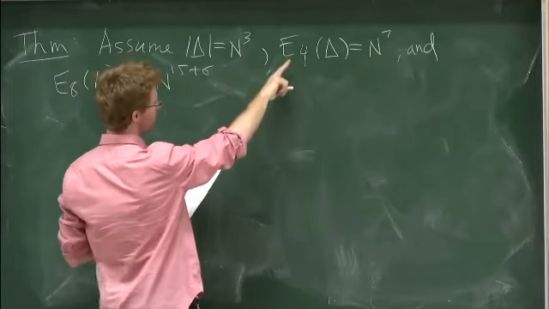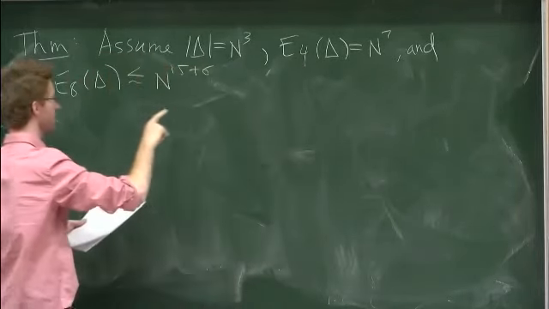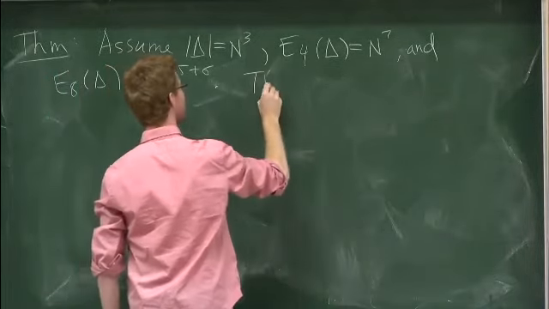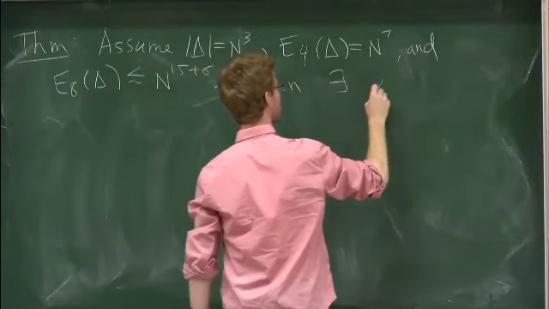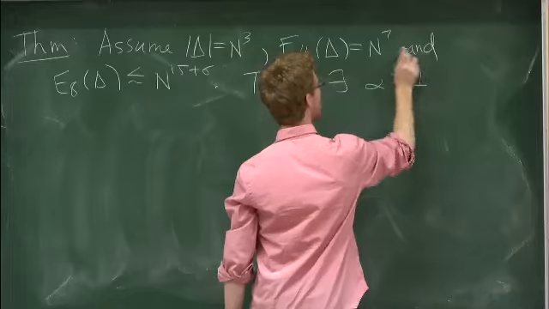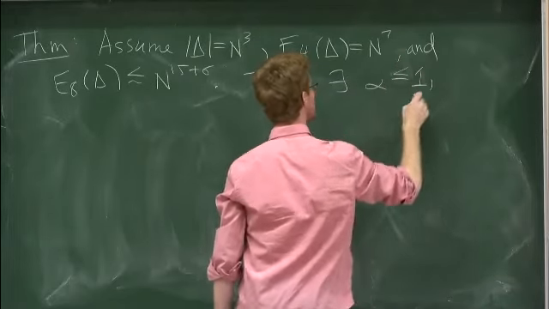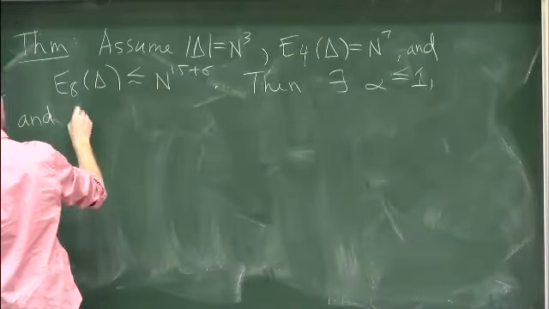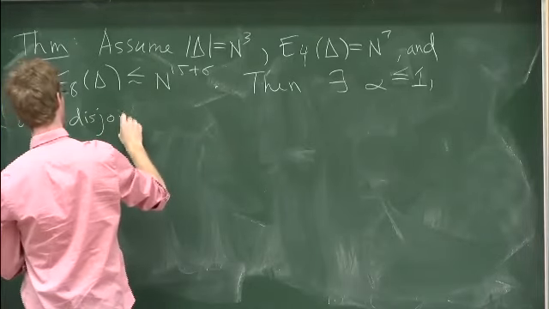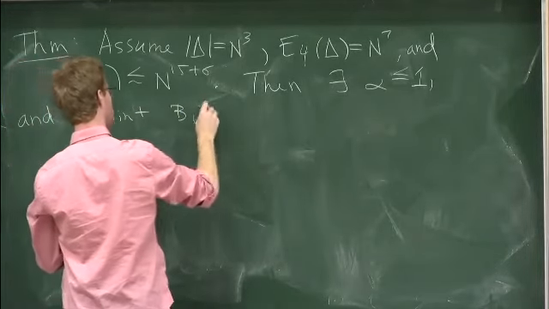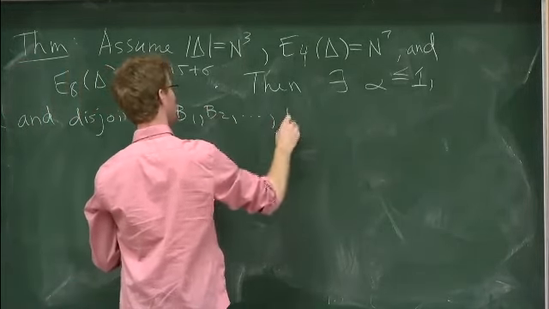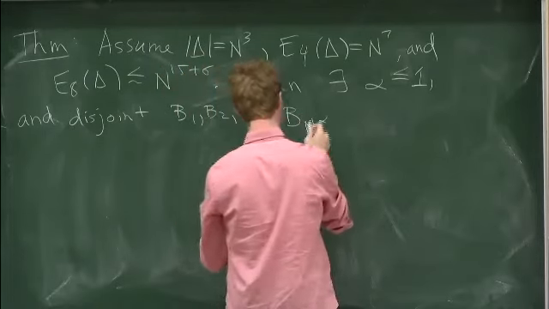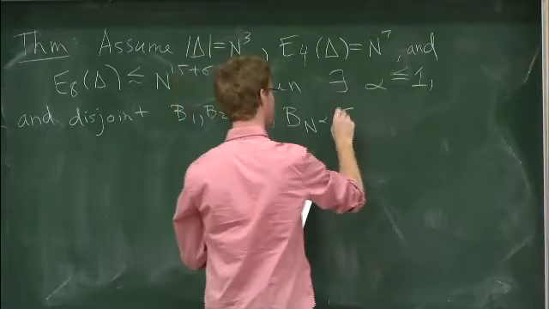And just remember that E4 is the number of additive 4 tuples in the set, and E8 is the number of additive 8 tuples. And the claim is then there exists some parameter alpha and disjoint sets B1 through B_{n^alpha}, all of them in delta.